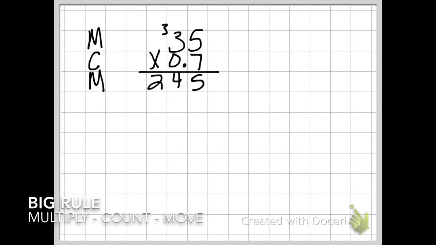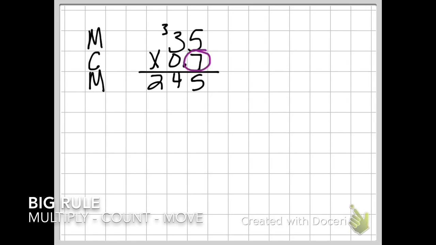When I look at this, 35 is a whole number, so everything is to the left of the decimal point. 7/10 here is a decimal number, and there is a 7 to the right of the decimal point. So it's one digit to the right of the decimal point.